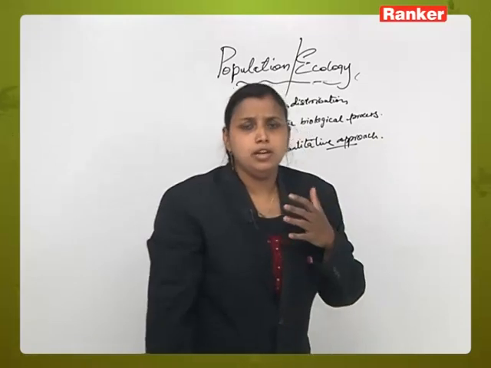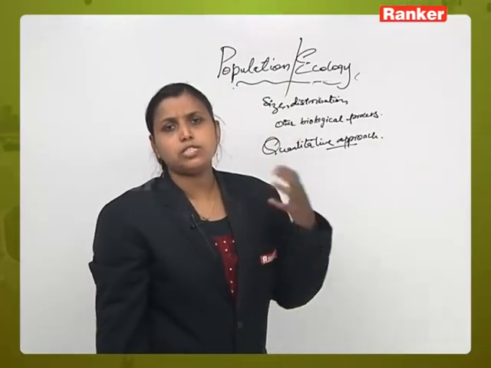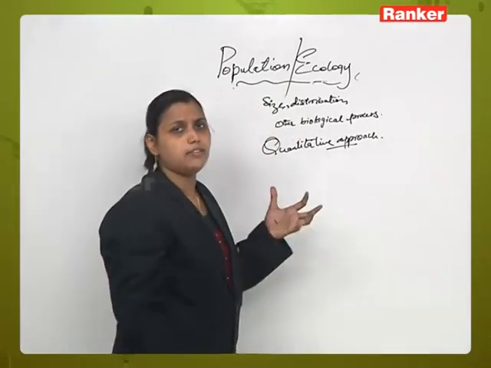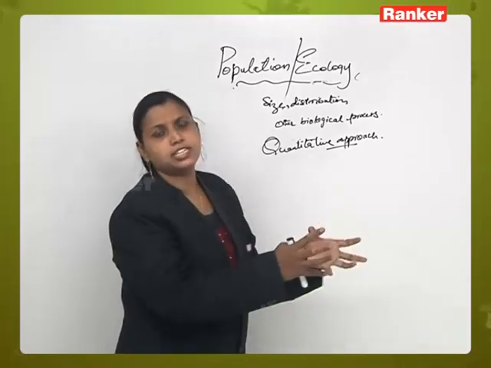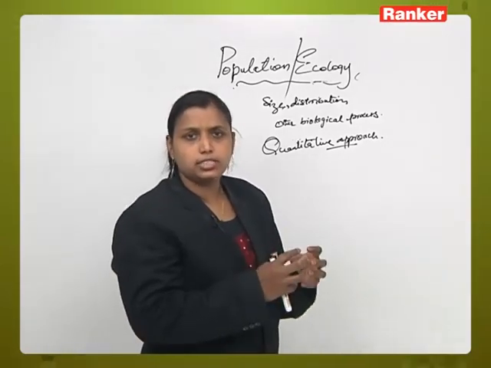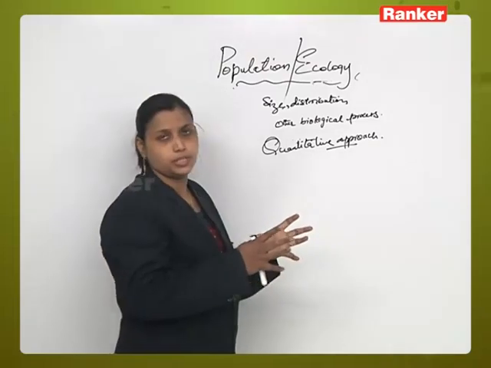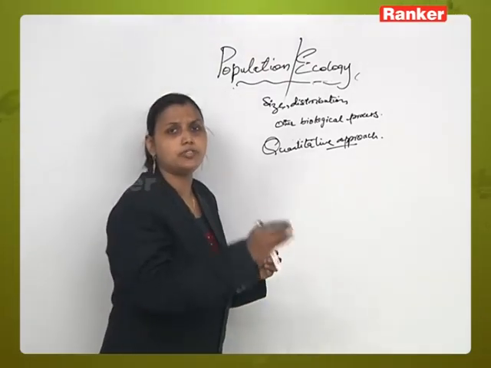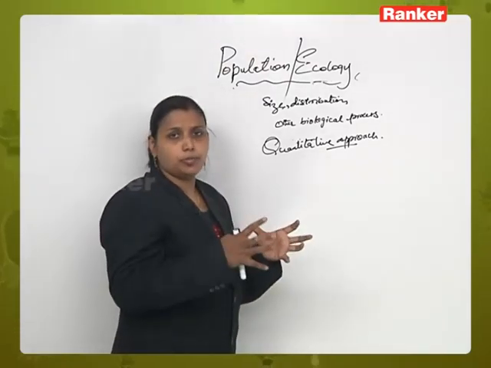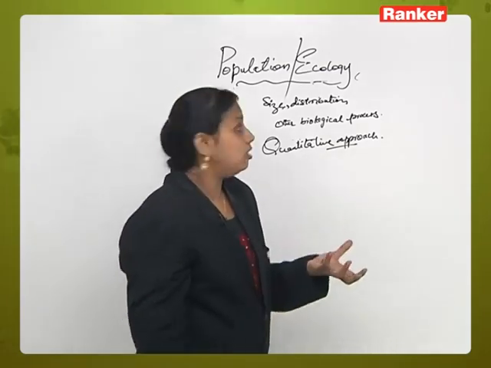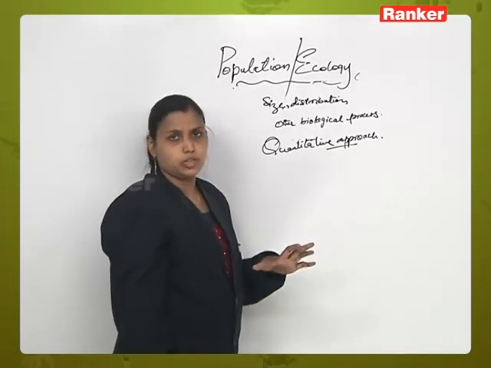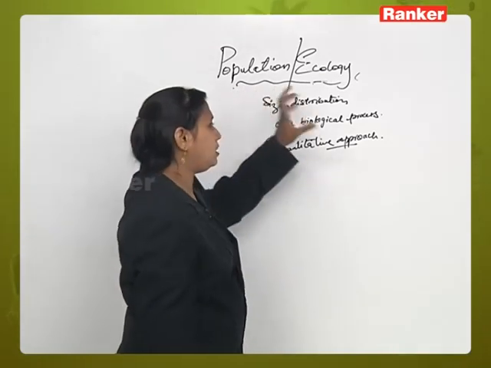For example, human beings belong to the same species, the human race, and they are living in a particular area. A group of cats living in a particular area belong to the same species, so they are called the population of cats. Group of dogs, or group of flowering plants, seed phanerogams, cryptogams. So, like that is population and ecology.